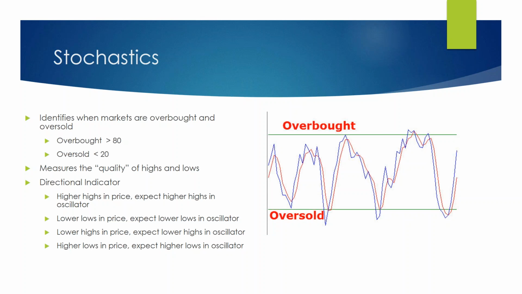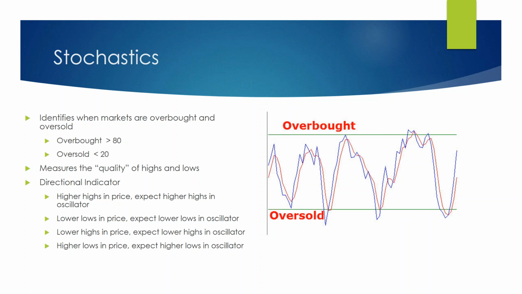The stochastics actually measures the quality of the highs and lows. In other words, does it have enough torque to continue up, or is it going to fail? It is a directional indicator. That means it's very easy to read volume divergence.